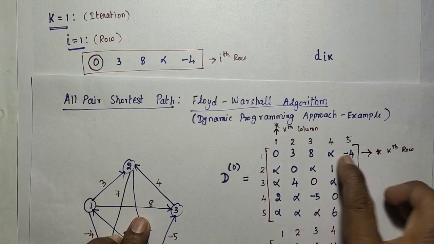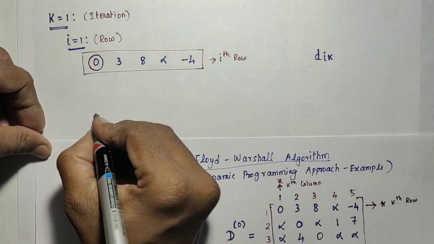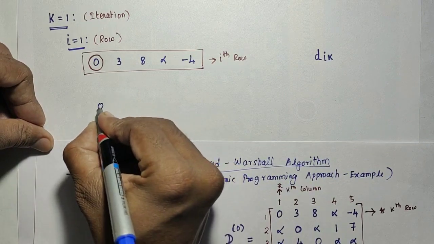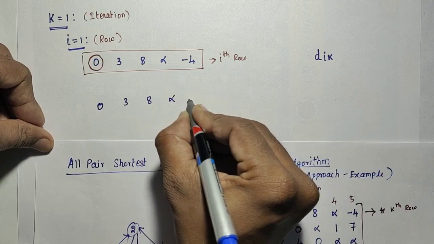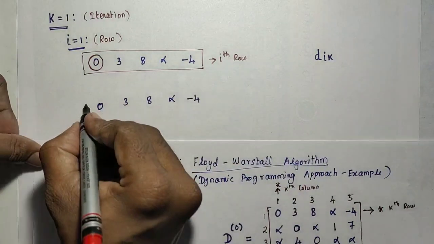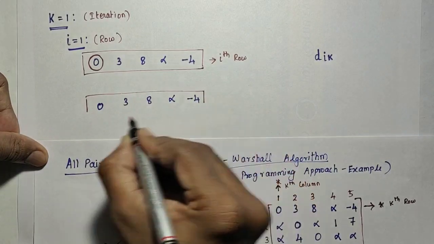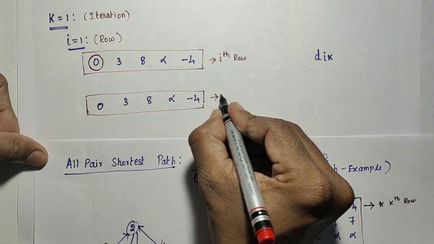It's the same row, the kth row, just write it here. That is 0, 3, 8, infinity, minus 4. So what I have written here is the kth row.